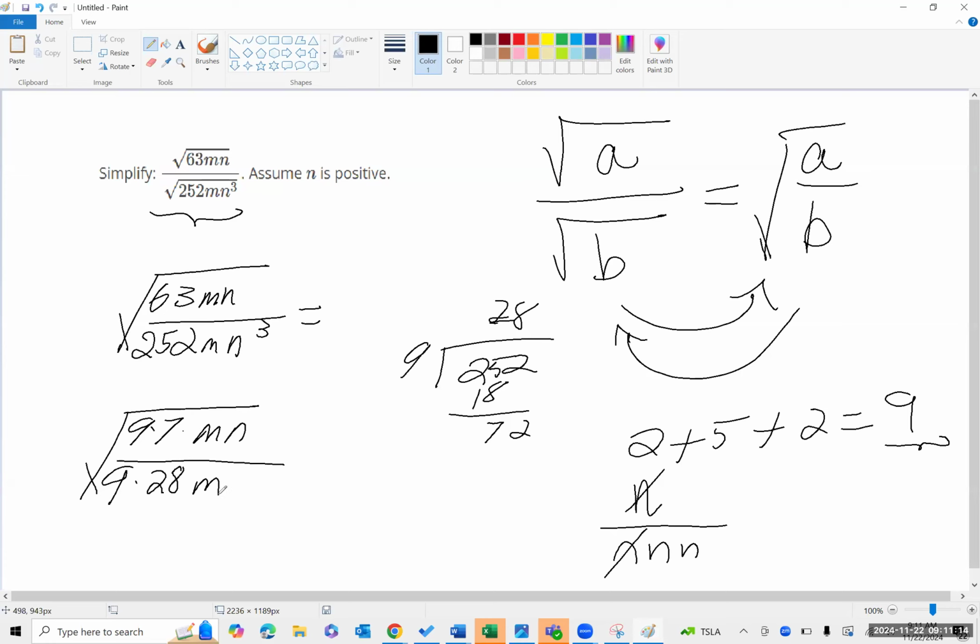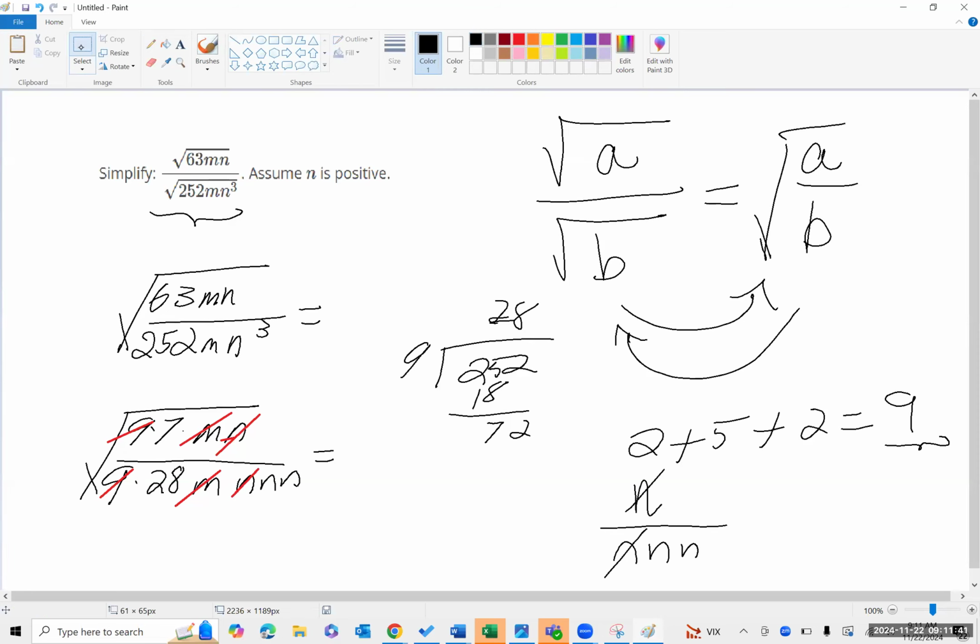And then we have m, and then the three n's. So let's take our cancellation color here. The 9's are going to go away. These m's are going to go away. And this n is going to go away.